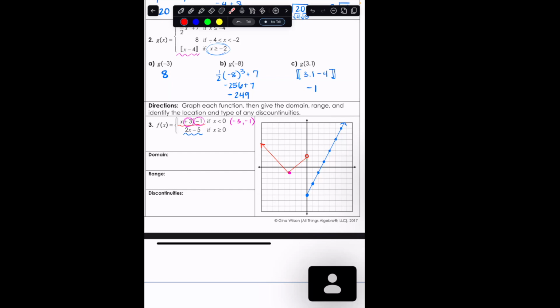Okay, so our domain. For our domain, we're going to look at our x values, right? So it starts over here and goes forever in this direction. So I'm going to say it goes from -infinity.